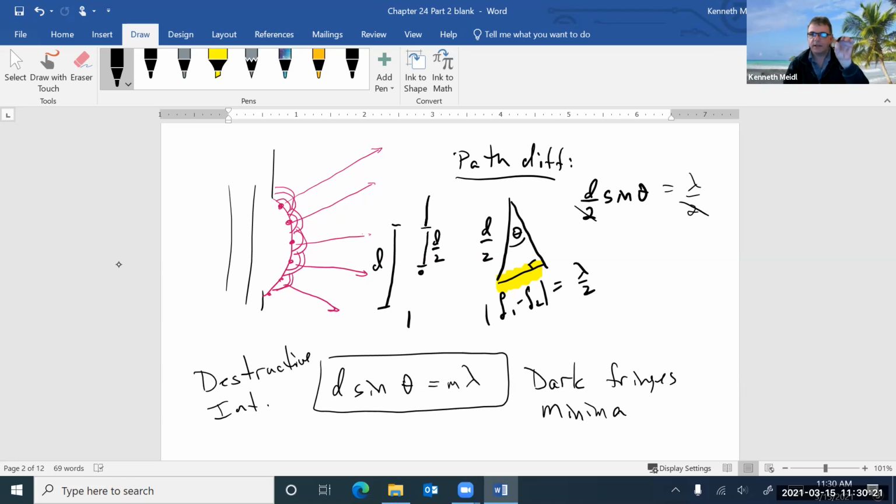So if this is the hair, let's get a color that shows up a little better. It's not having a terrible hair day today, but okay. So if this is the hair, every so often maybe I get somebody who's got pink hair or something like that. The light wave hits and gets reflected, but some of it hits and bends over the top, and some hits and bends under the bottom.